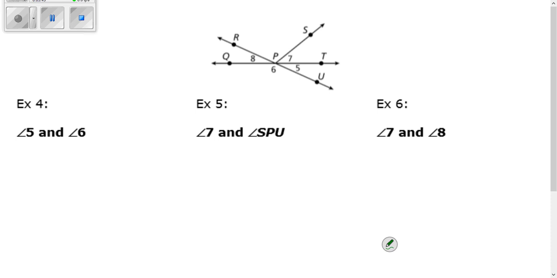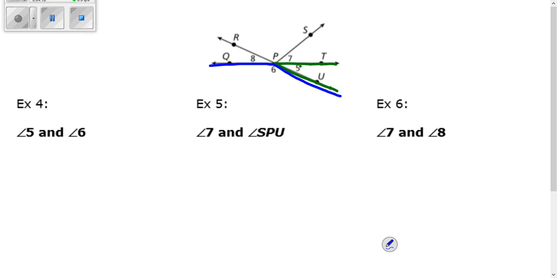All right, example number 4. Now in this example, they use numbers to name some of the angles instead of letters. That's fine. If they've got the numbers there, they can use the numbers. We just need to identify where they're at. So we've got angle 5 right there, and angle 6 here.